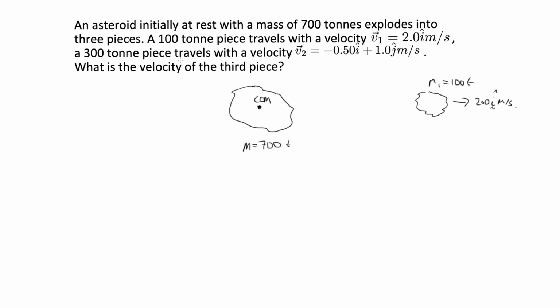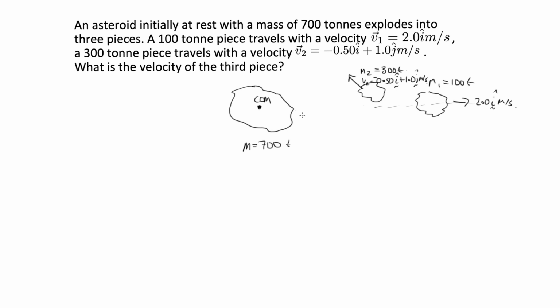And then a 300-ton piece is traveling this way. So we say m2 is equal to 300 tons, and this velocity v2 is equal to minus 0.50i plus 1.0j meters per second.